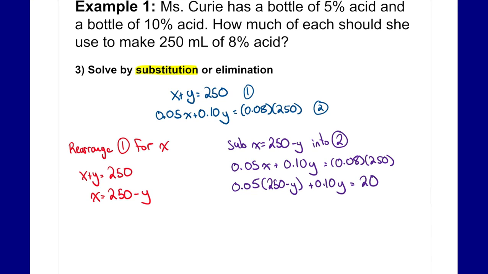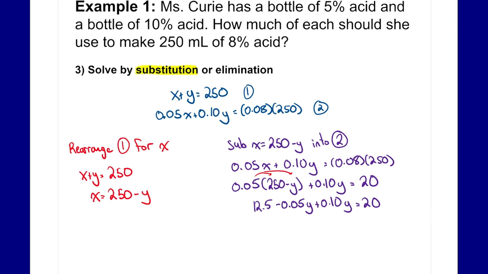Now I'm going to solve by distributing the property. So multiplying the 0.05 through, we have 12.5 minus 0.05y plus 0.10y equals 20.